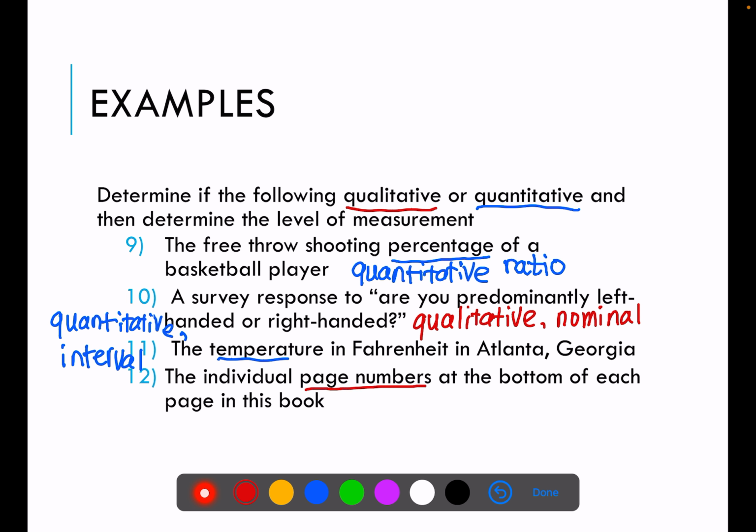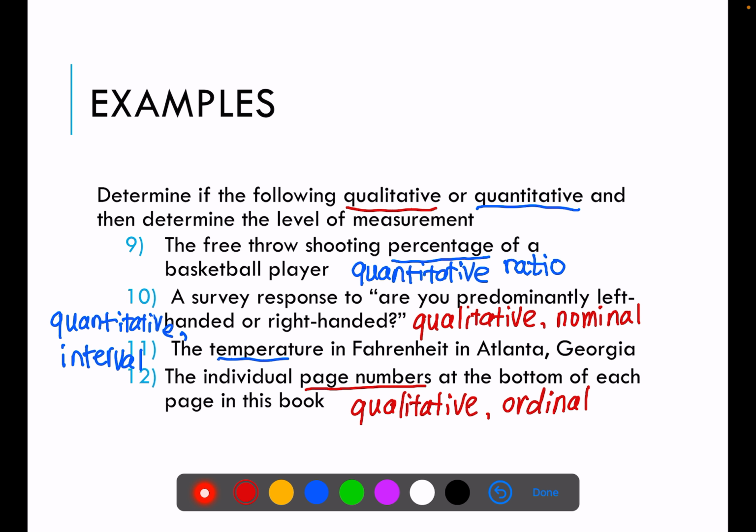So it's actually qualitative. And because you're saying page 1, page 2, page 3, there is a natural order. So it's an ordinal level of measurement.